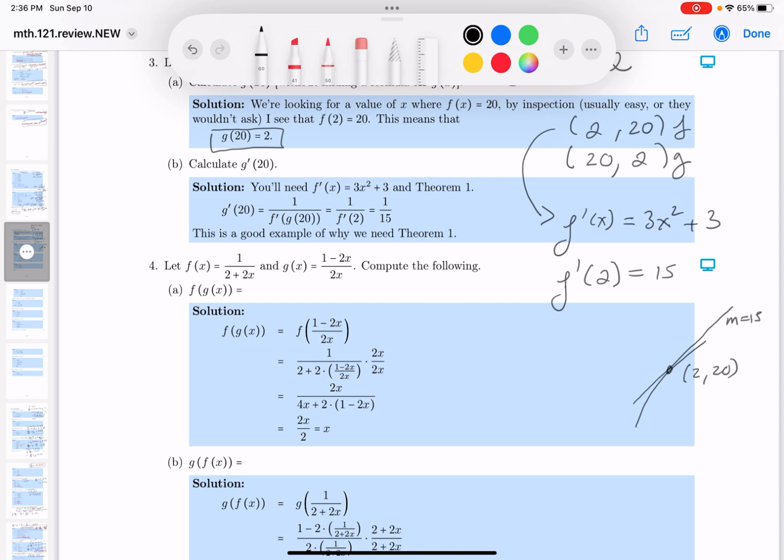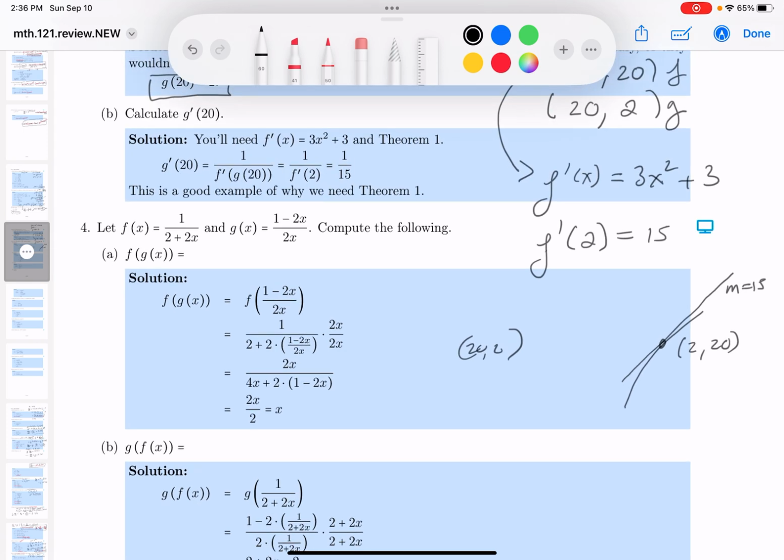Now, I hope you realize when I take the inverse, I'm rotating, right? So the slope of g, well, I'd be looking at the point on g now, not (2, 20), but (20, 2). And the slope of that tangent line would be rotated too, about the line y equals x. So the slope at this point here would be 1 over 15.